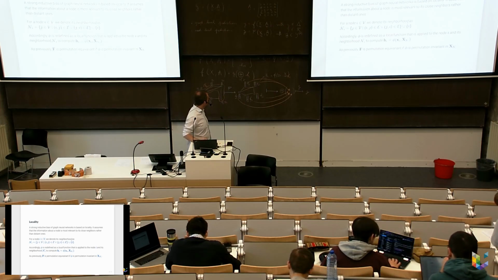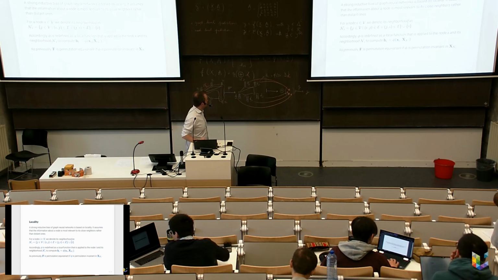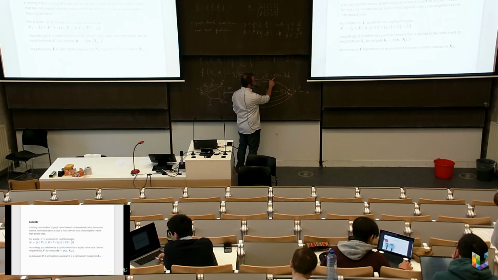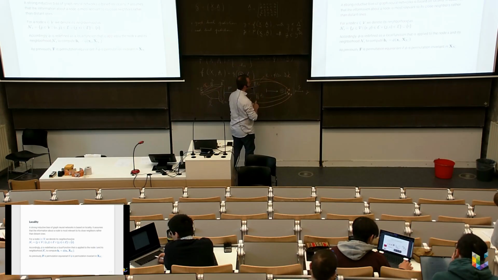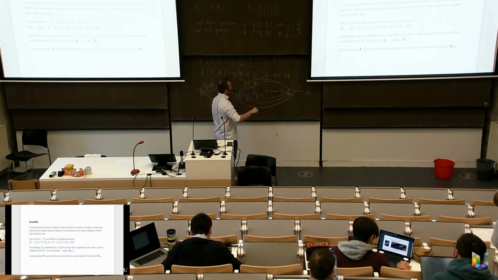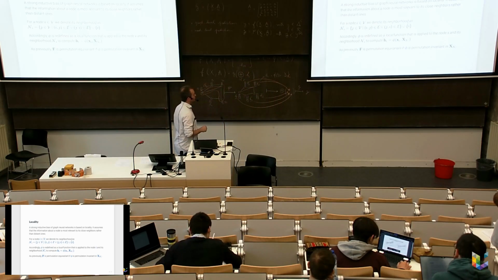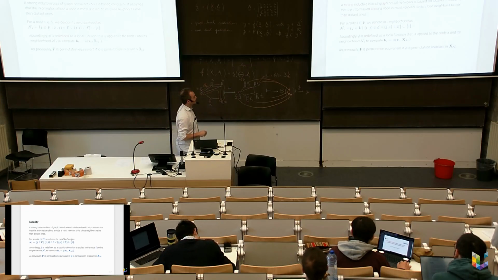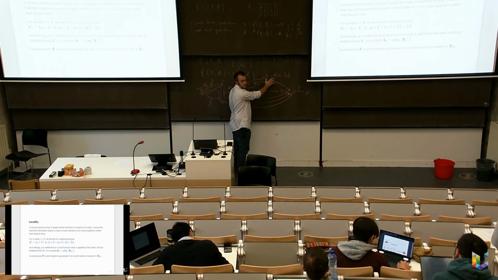Okay, and now if we want to enforce this and use this inductive bias, we'll say that now we redesign the phi function such that it no longer takes as input the entire feature matrix, but only the feature matrix limited to the nodes in the neighborhood of I. So now this function becomes local in a sense.